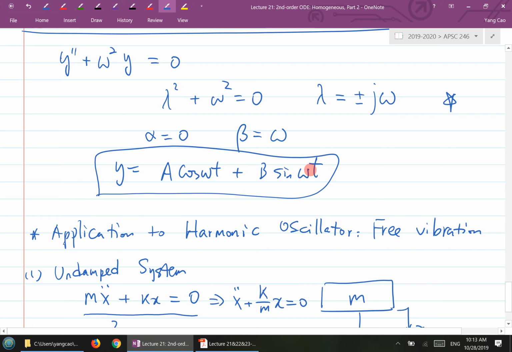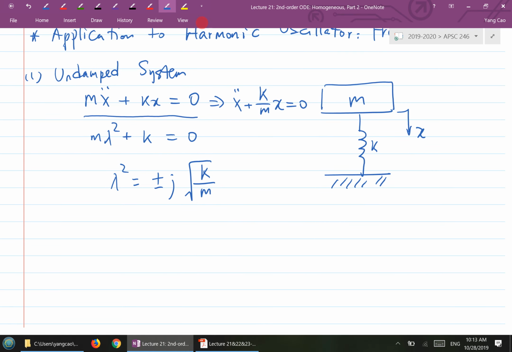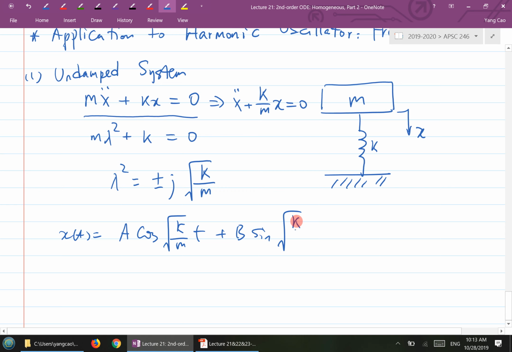So the y will oscillate at what frequency? At this omega frequency, which is basically the square root of this term. So now I have k over m here. If I get my solution out of this equation, my x of t is A times cosine of the square root of k over m times t plus B times sine of the square root of k over m times t.